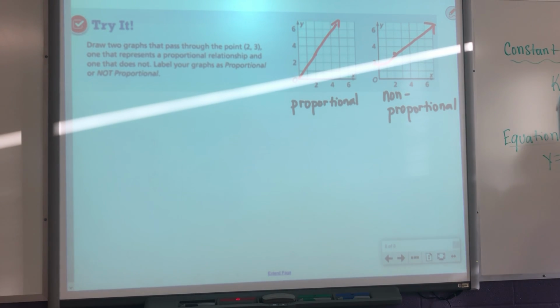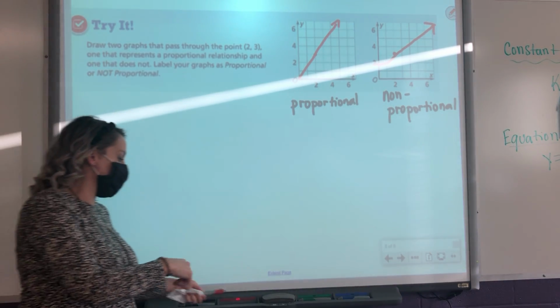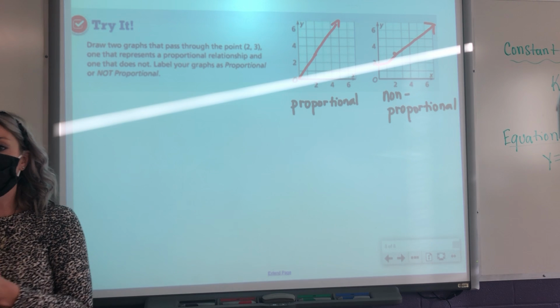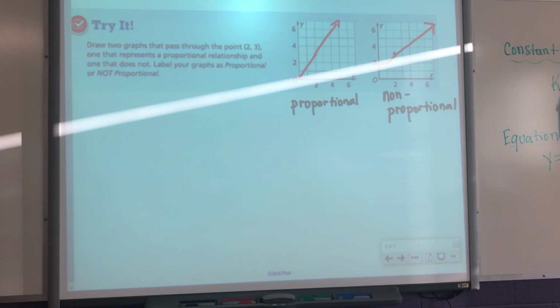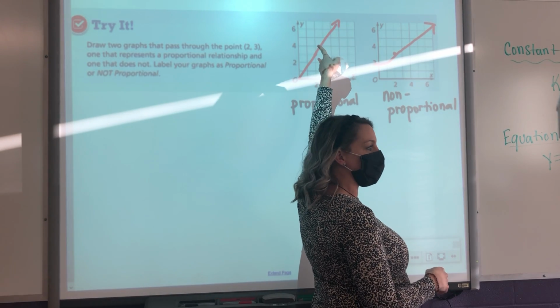Okay, so do your graphs have to match Brooke and Hope and Bailey's? No. Okay, so Hope, why did you choose to draw that? What made this proportional to you? How to do the straight line and the origin. Okay, very good. It had to be a straight line, it had to go through the origin. Is there another line that we could have made for this? No. Not really, because it has to go through the origin and it has to go through the point 2, 3.